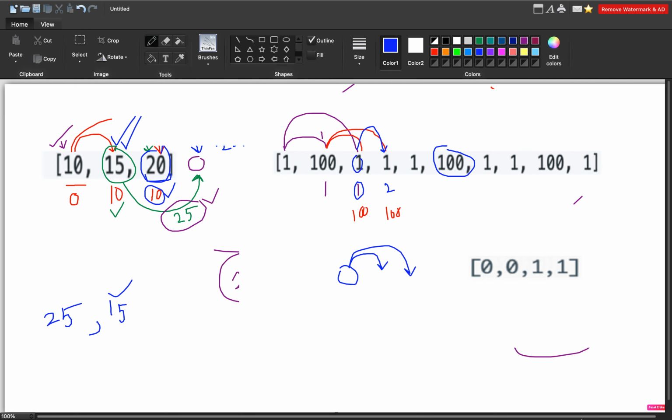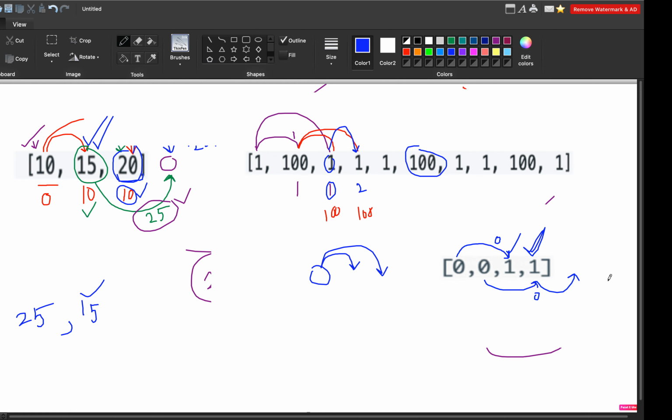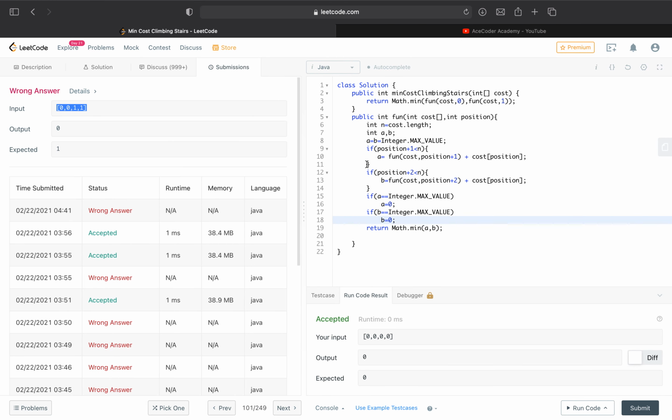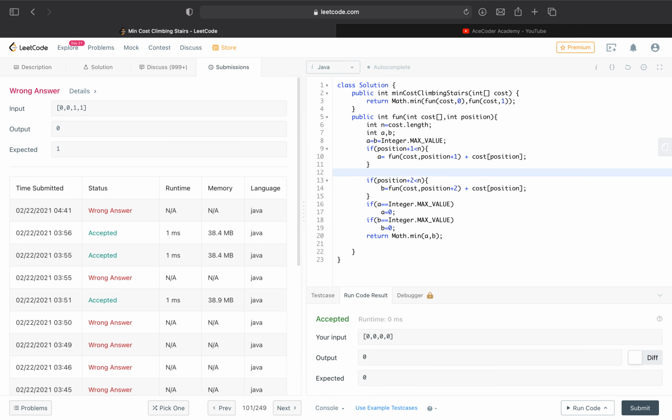We jumped from here to here, so the price will be 0. We jumped from here to here, and the price will again be 0 for reaching here. So we are just taking the price to reach till this point. Similarly at this point, but we need to go outside the array, so we need to put another else case.